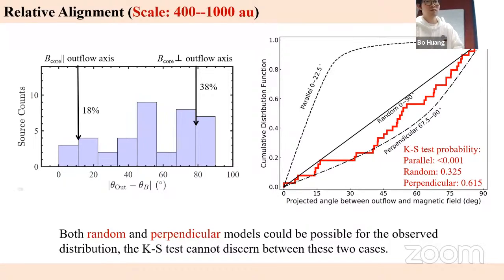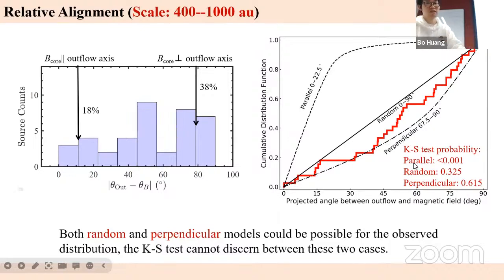So for the parallel case, we have an angle of 0 to 22.5 degrees, random is 0 to 90, and perpendicular is 67.5 to 90. We run the KS test to study whether this observed distribution is drawn from the model.